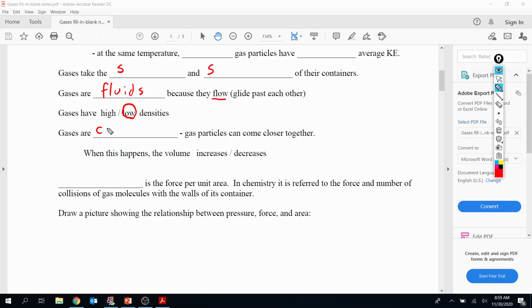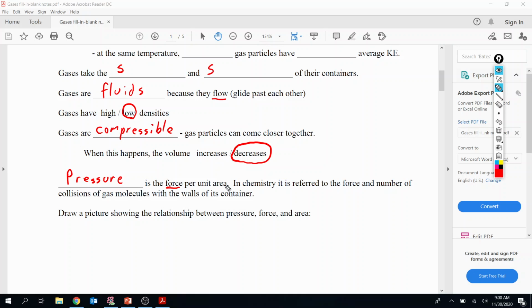We're going to say that they are compressible, meaning that they can be squished. All right, and when we squish a gas, we will say that the volume decreases because the volume becomes less.